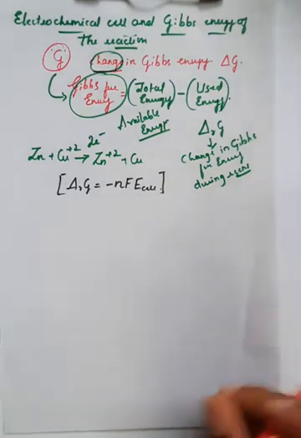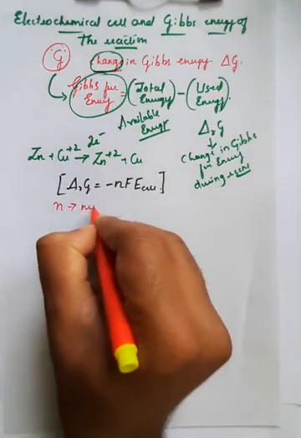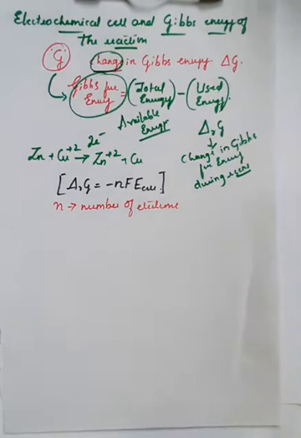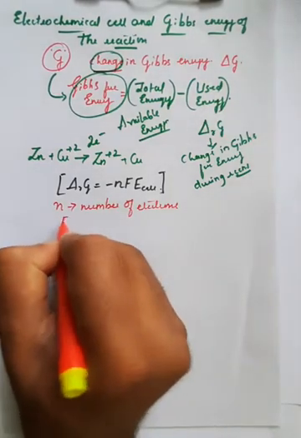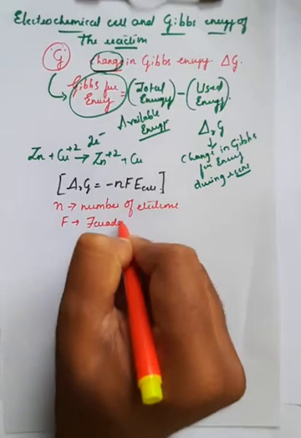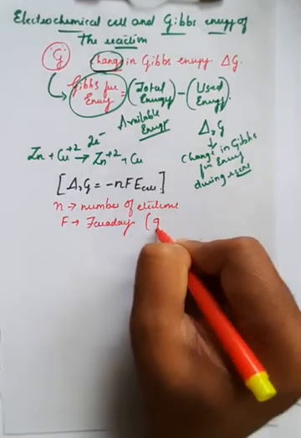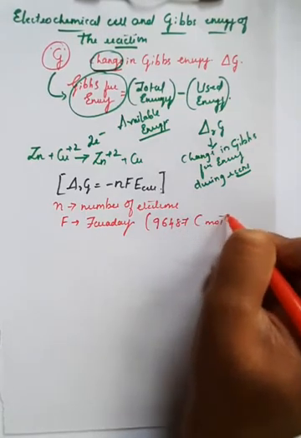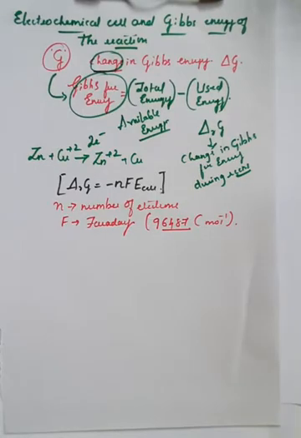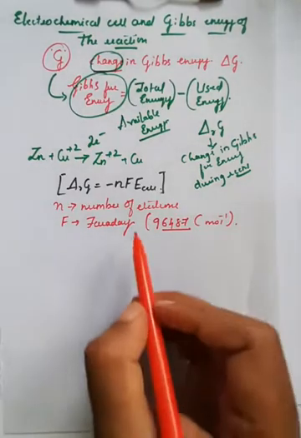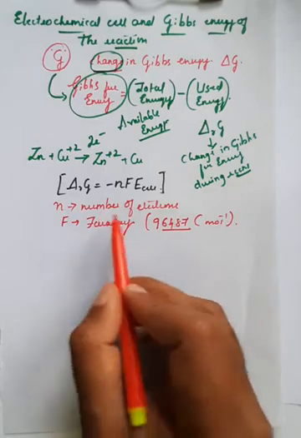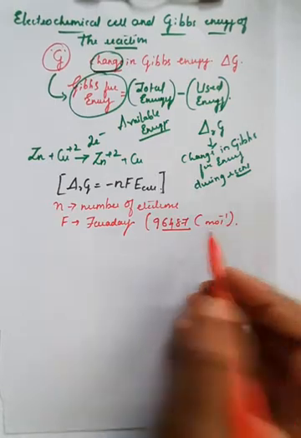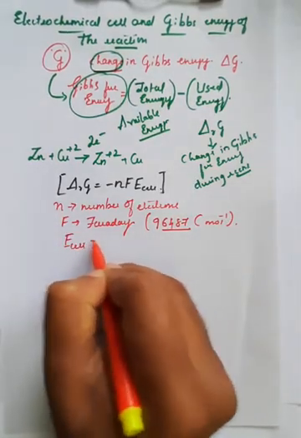Here, n represents the number of electrons transferred during the reaction, and F represents the Faraday constant, which is a constant value, 96,487 coulombs per mole. Always remember, even in problem questions they give the Faraday value, which is constant, 96,487 coulombs per mole, and E cell represents the EMF of the cell.